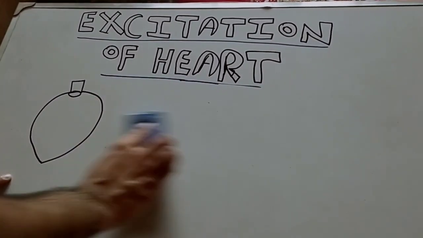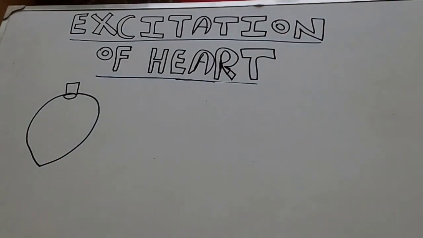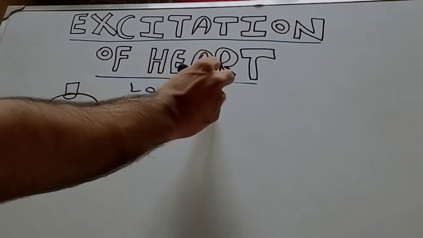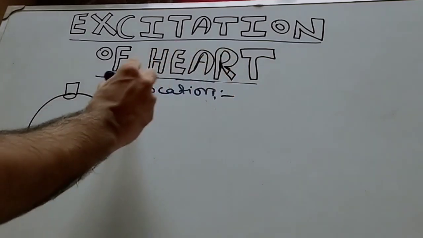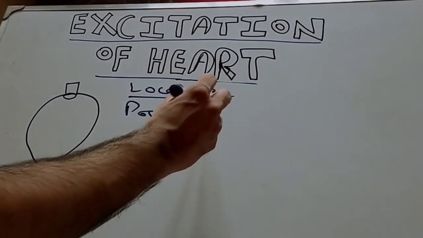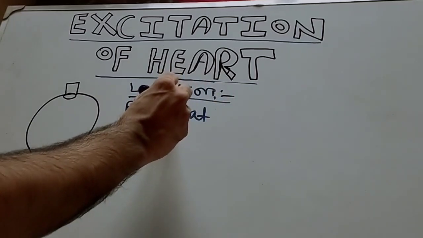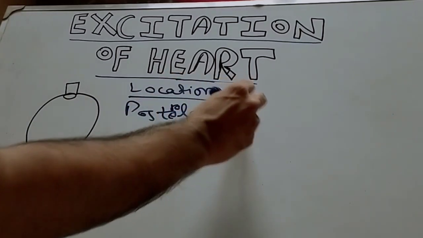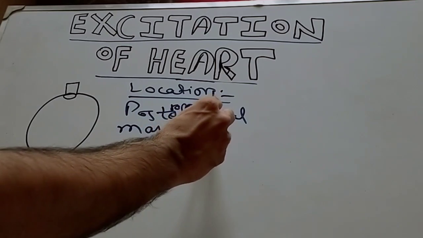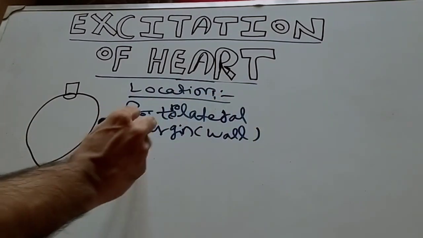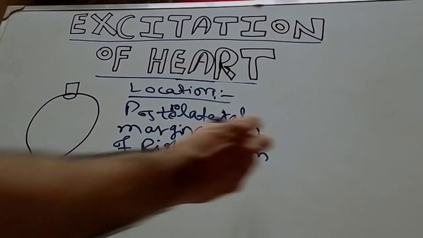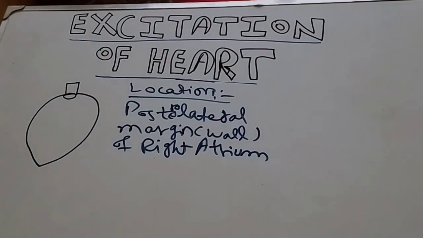The exact location of the SA node is the posterolateral margin of the right atrium, or posterolateral wall of the right atrium, just at the base of the superior vena cava, or where you can see the opening of the superior vena cava occurs.